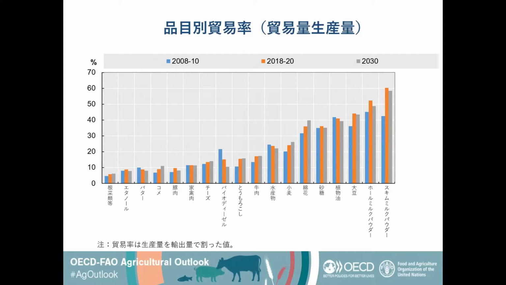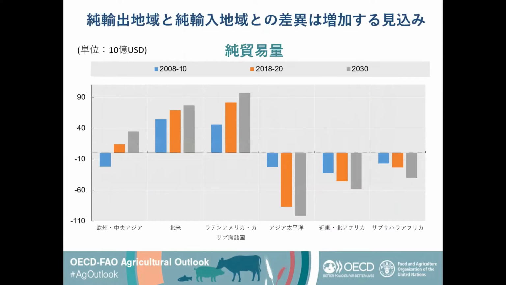So there are different developments. And when we look at the next slide, you see that regions are also changing. They are specializing more. The Americas are traditionally strong exporters and growing. There's stronger growth in Latin America than in North America. And then you have, on the other hand, the importing regions.